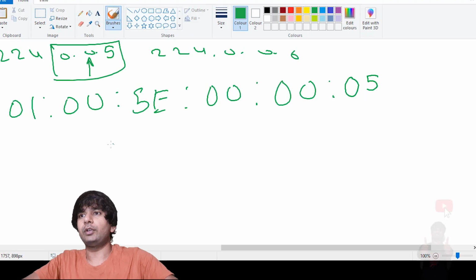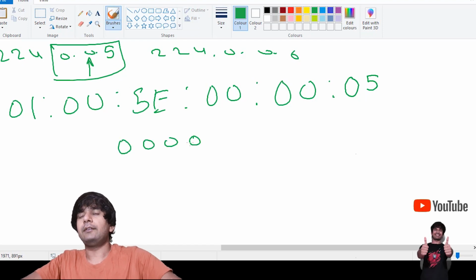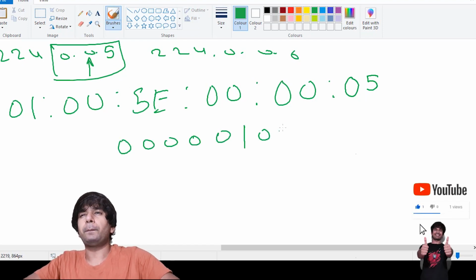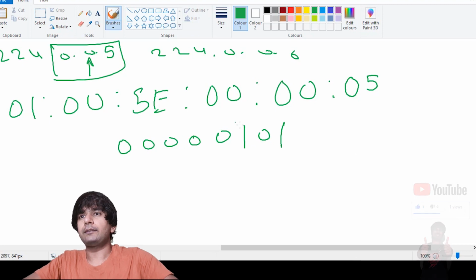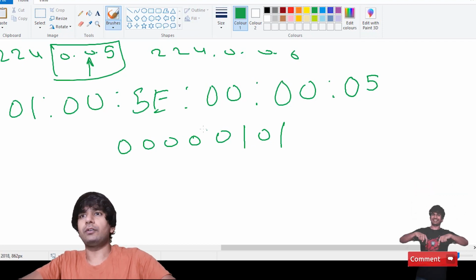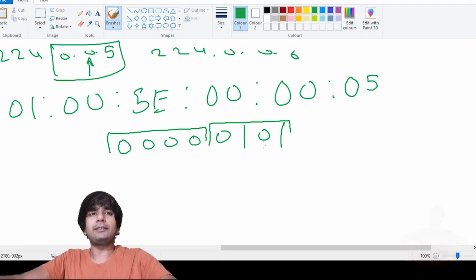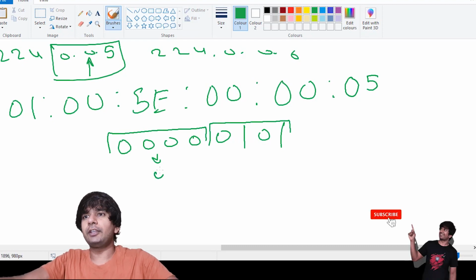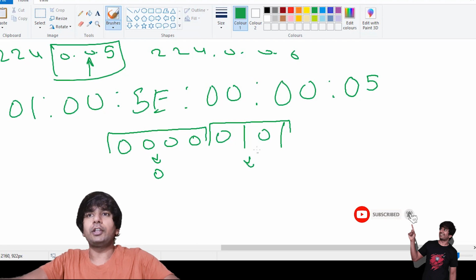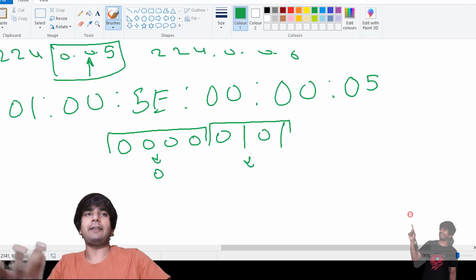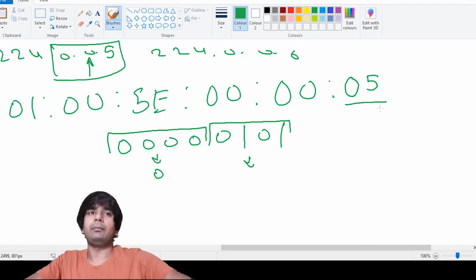The binary of 5 is 0 1 0 1; divide into 2 pairs of 4 bits, you get 0 and 5. In decimal and hexadecimal we write 5 as 5.